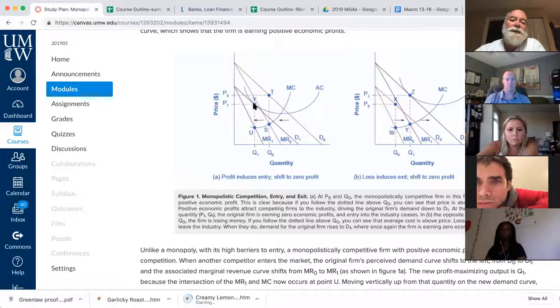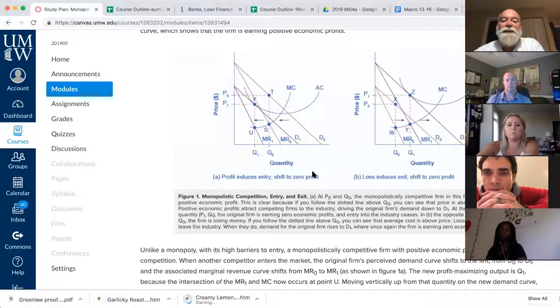You go up to the demand curve at point Y, you read the price. Notice also that average cost is also at point Y. So price equals average cost. The profit margin is 0. The firm is earning 0 economic profits. Okay, once firms in this industry are earning 0 economic profits, new firms no longer find this an attractive industry to move into. Okay, so T is a short run point, Y is a long run point.